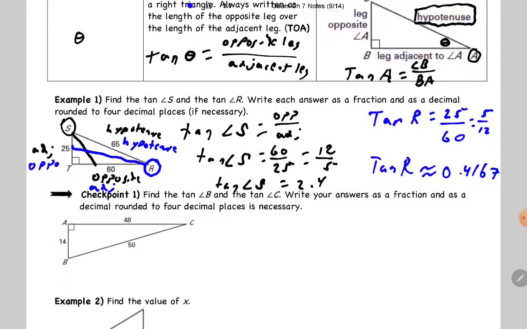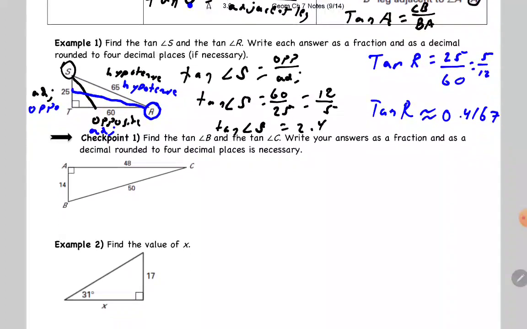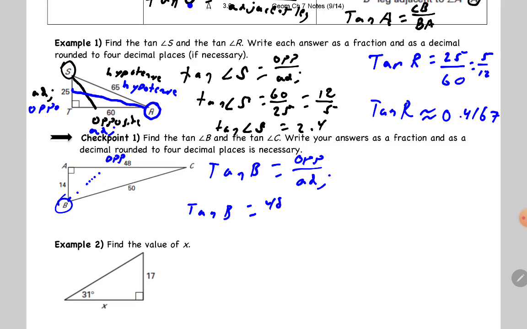Okay, so let's do another one. Tangent of B, so I'm going to circle B. I want to find the tangent of B. It is the ratio of opposite over adjacent side. So tangent of B is equal to, here's the opposite side right there, 48, over the adjacent, the side that's next to it, which is 14.